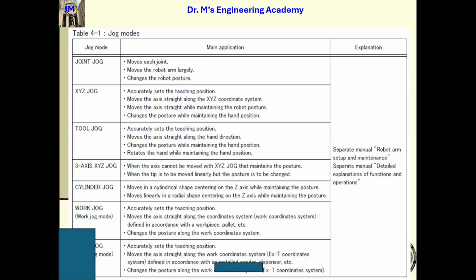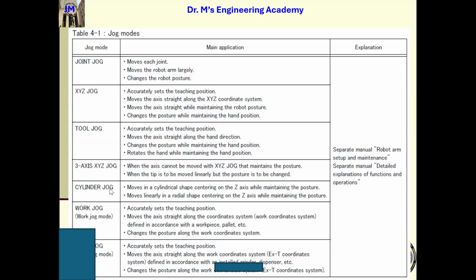So this is a 3 axis XYZ jog. When the axis cannot be moved with the XYZ jog that maintains the posture, when the tool is to be moved linearly but the posture is to be changed, this is the 3 axis XYZ joint.